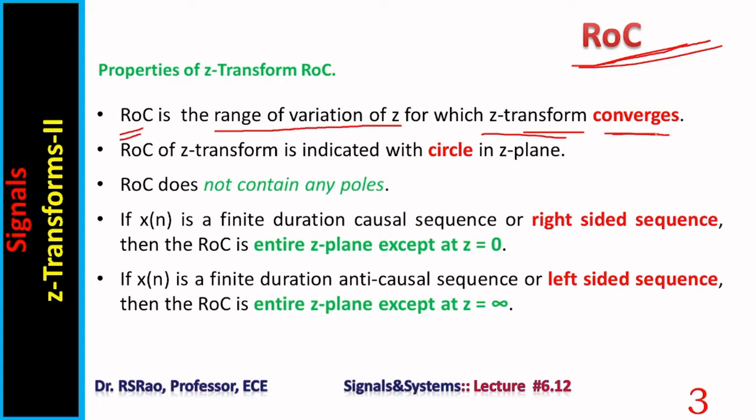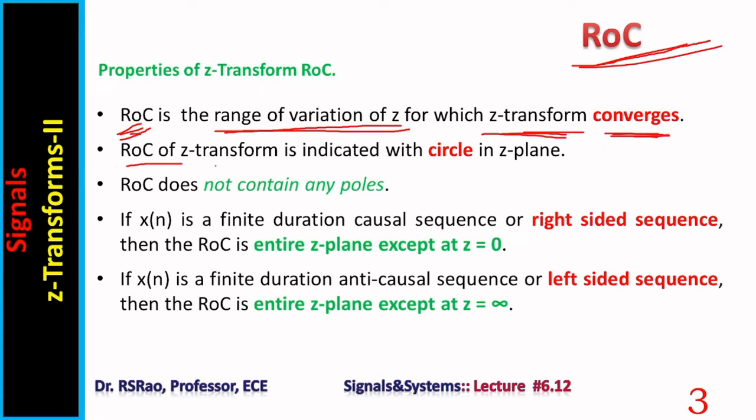We can notice from the defining relation that the Z transform is basically a summation, n from minus infinity or 0 to infinity. The summation may converge, may not converge. For certain values of Z it may converge, and for some other values of Z it may not. So the range of values of Z for which the transform converges is called ROC, region of convergence.